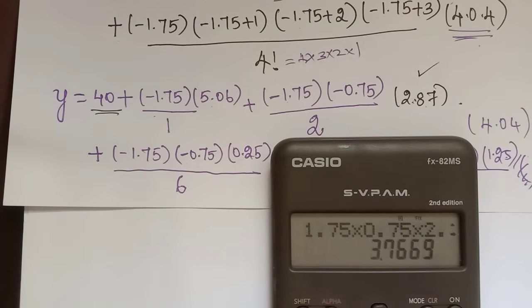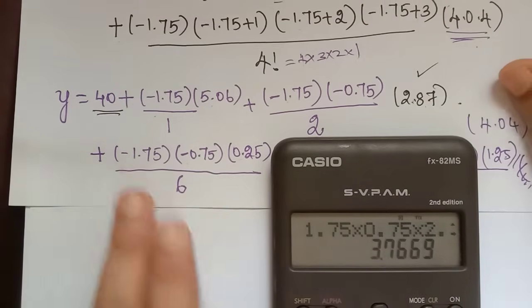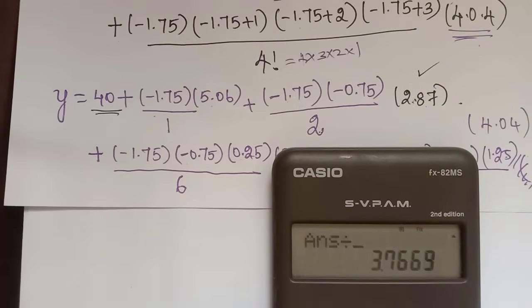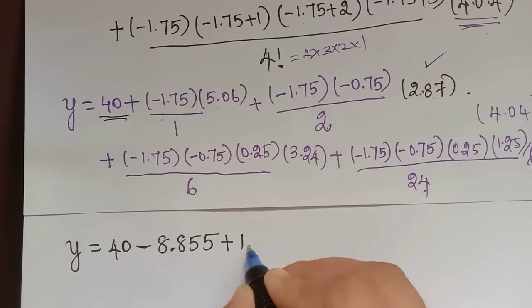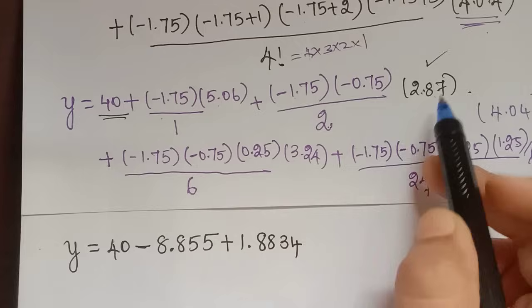And so that is equal to 3.7669, and this value has to be divided by this 2. So divided by 2 is equal to 1.8834. So let us take that and write. So I am writing it 1.8834. Now this is done.